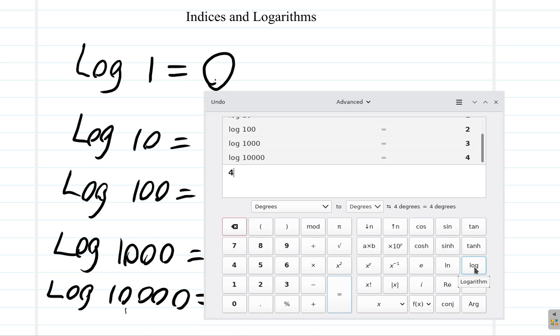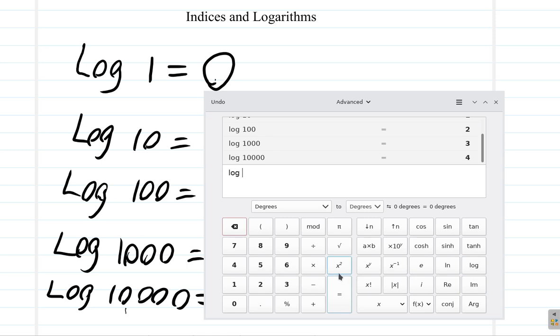If you look on your calculator, whether it's Sharp or Casio or some other brand, above log you're going to see 10 to the power of x. It wouldn't work out exactly like your calculator.